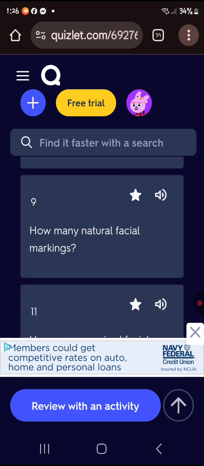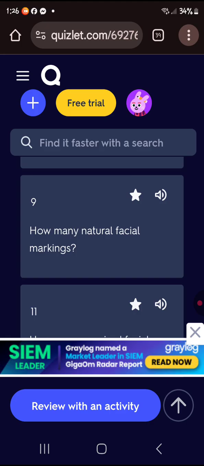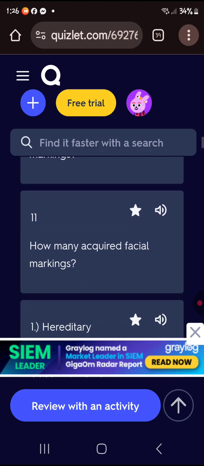How many natural facial markings do we have? Nine. And it might ask that. How are we going to remember that? I don't know. Nine natural facial markings. Now, how many acquired facial markings? There's 11. So that's a little bit easier.